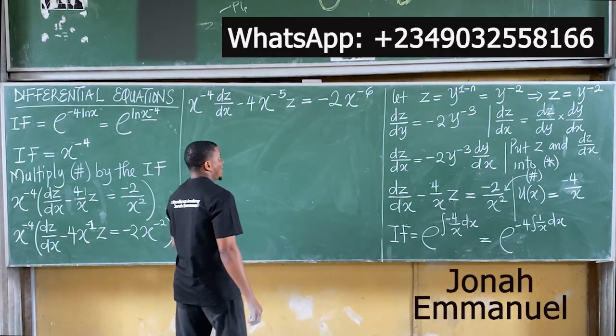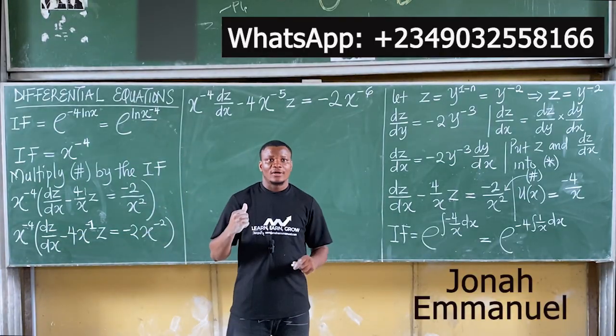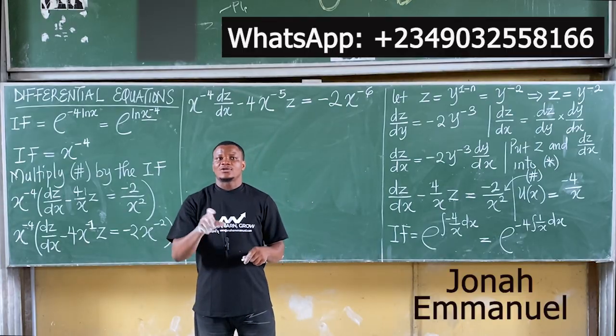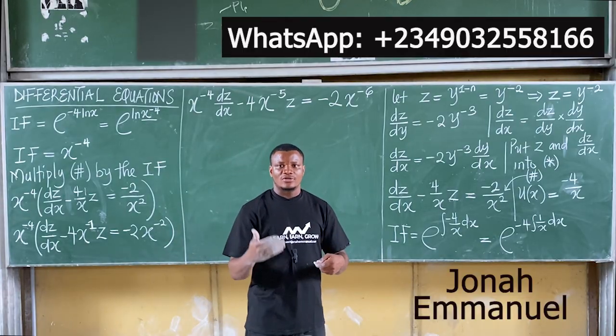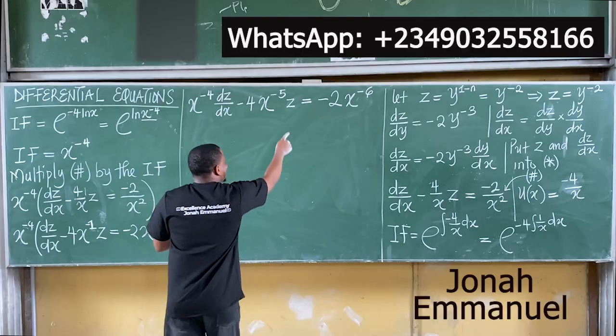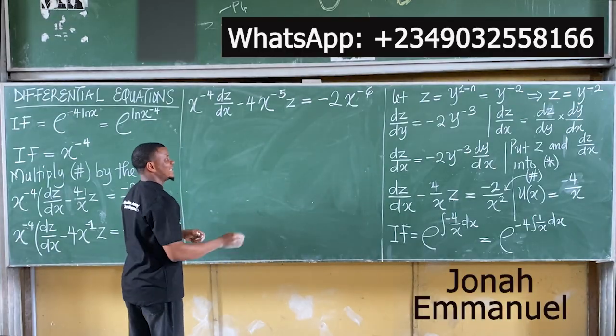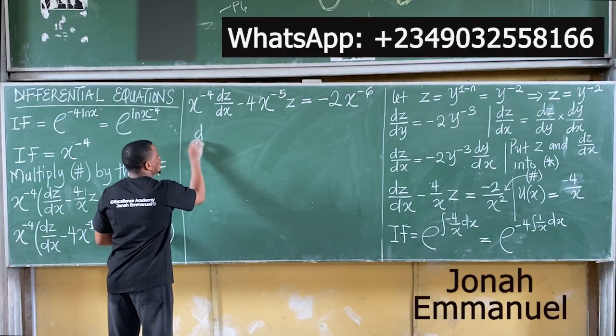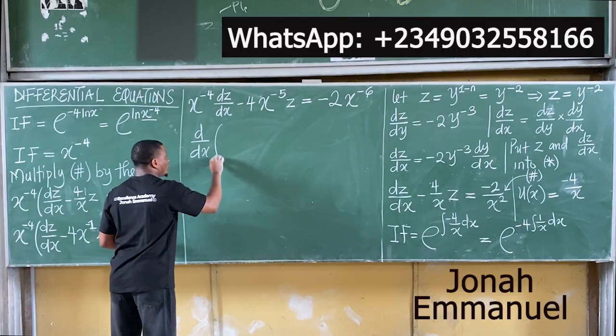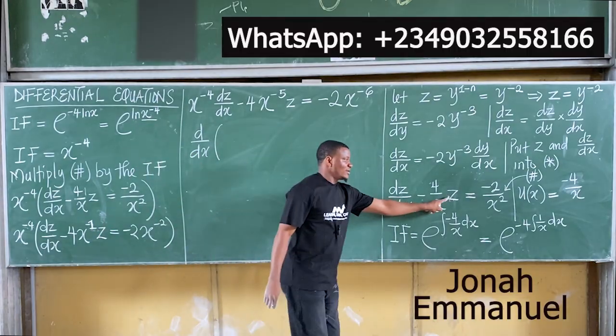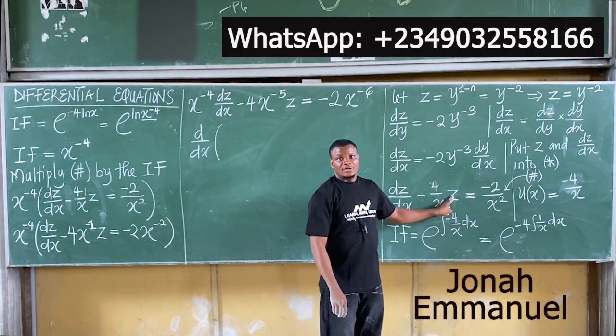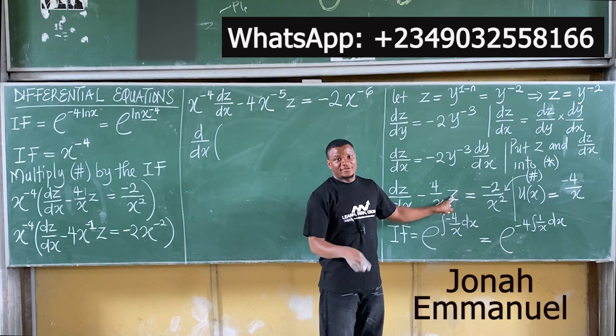At this point, go back to our previous class when we dealt with first order non-homogeneous ordinary differential equation. We said this will be expressed as a differential d over dx of the variable, which in our previous class was y times the integrating factor.